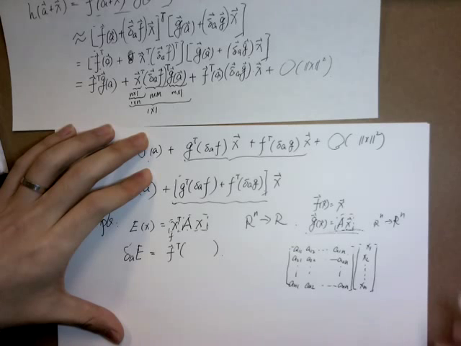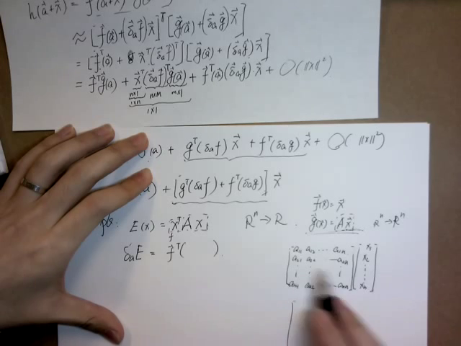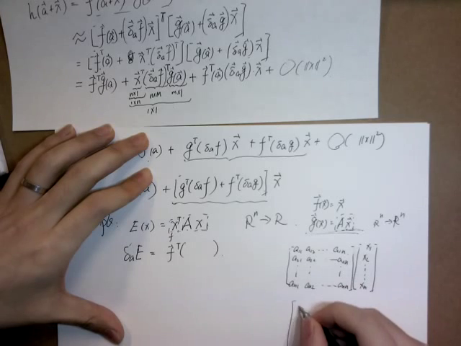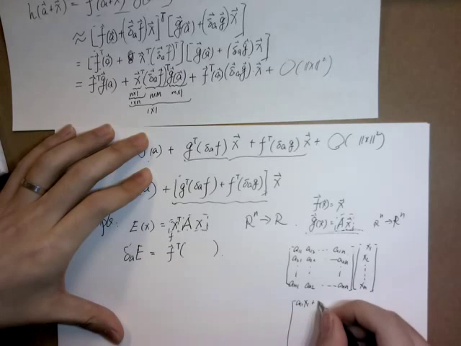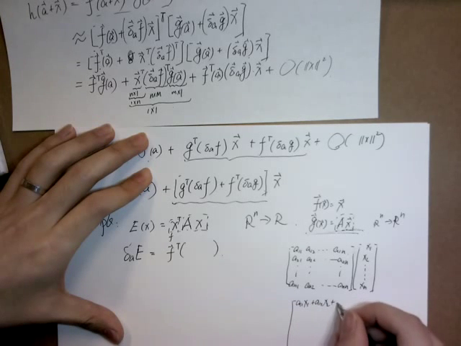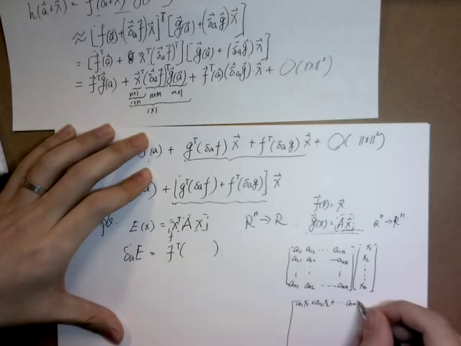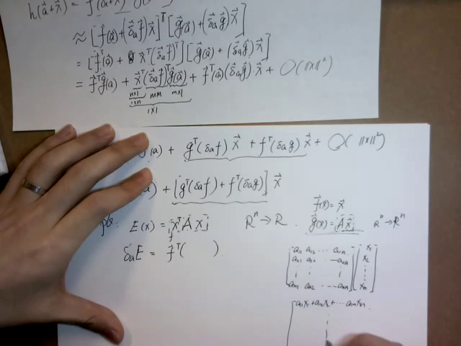So eventually it will be a column. The first element of the column is A11 x1 plus A12 x2 plus and so on to A1n xn. And the last element of the column will be An1 x1 plus An2 x2 plus and so on to Ann xn.